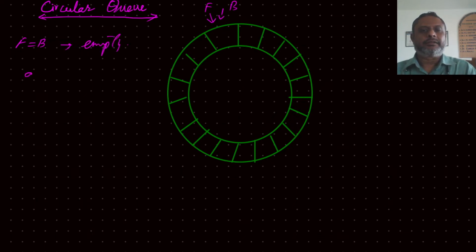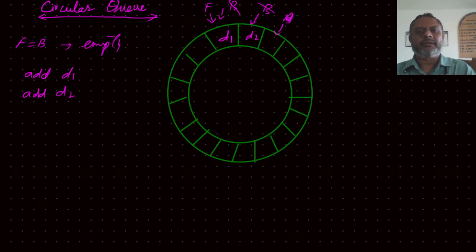So let's begin by adding data 1. Then data 1 gets here, then B comes here. When you say add data 2, then data 2 comes here, then B gets here.